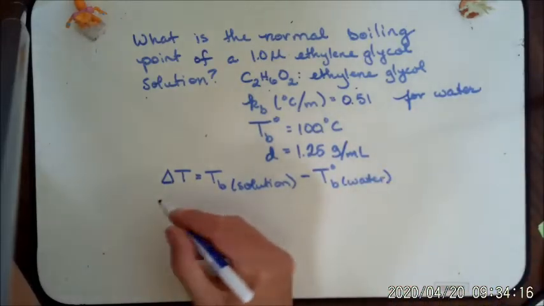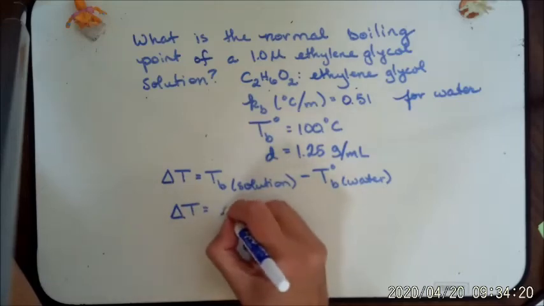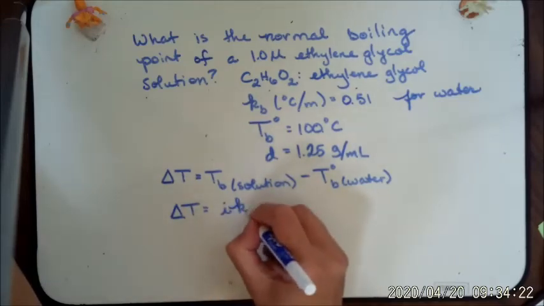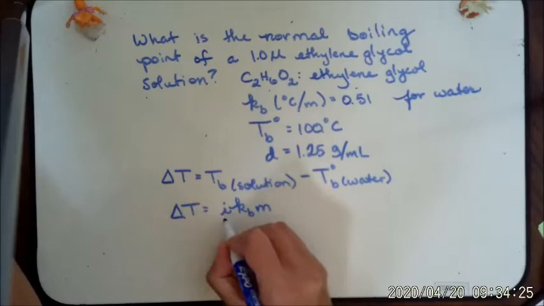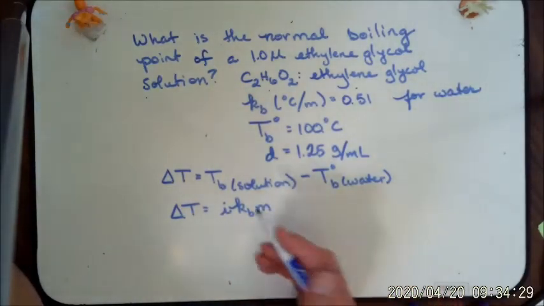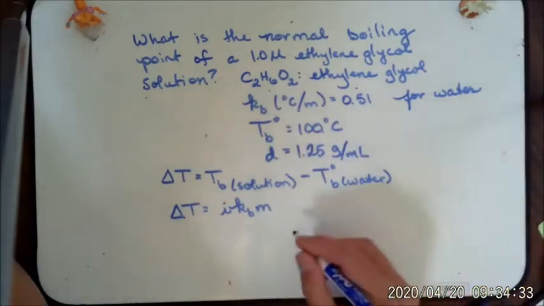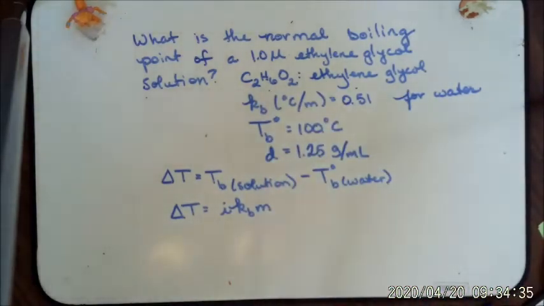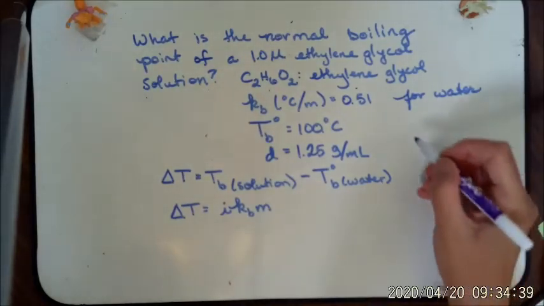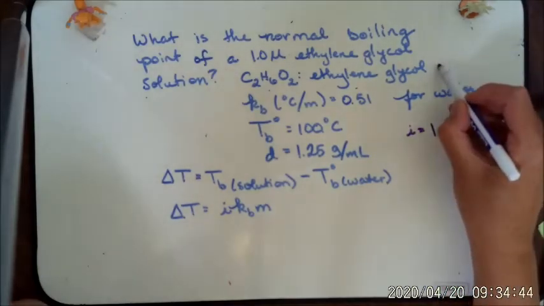We also know that the change in temperature is a positive i K_b m. It's positive because I'm elevating. And since this is a molecular compound, my Van't Hoff factor is equal to 1.